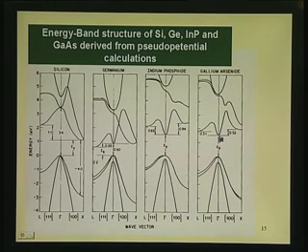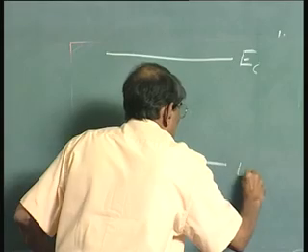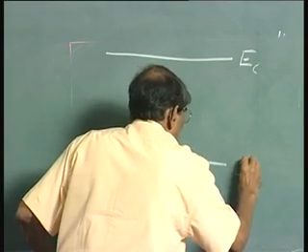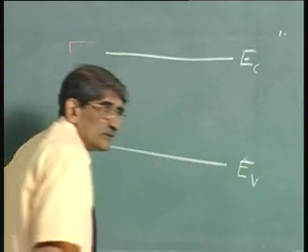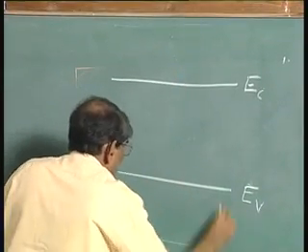Okay. So, normally when you plot the energy band diagram, you plot it like this: conduction band, valence band. You plot it like that, and this is of course the conduction band here and the valence band here.